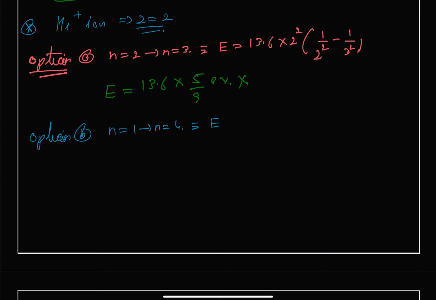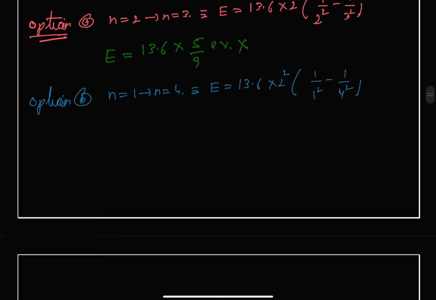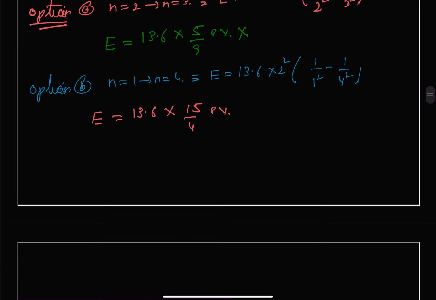This gives energy equal to 13.6 into 2 square, times 1 square minus 4 square, which gives 13.6 multiplied by 15 upon 4 electron volt, and this option also does not match.